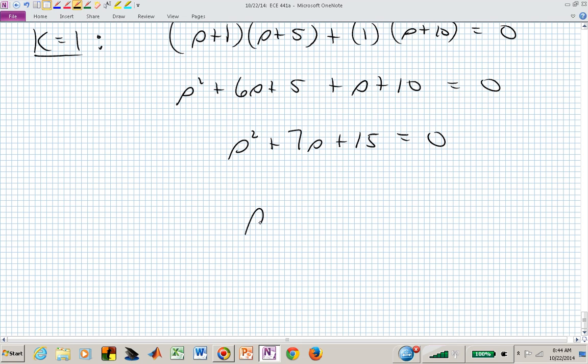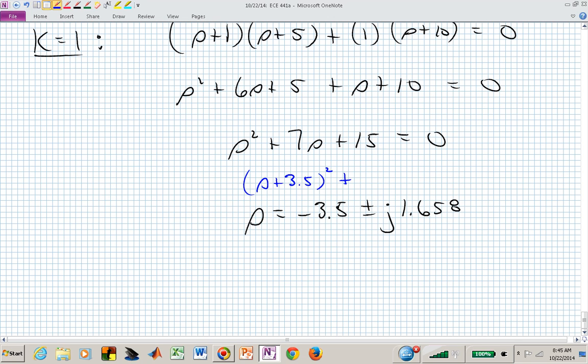Here we end up with S is equal to -3.5 plus and minus j 1.658. Meaning if we looked at this, maybe you had this factored as S plus 3.5 squared plus something.